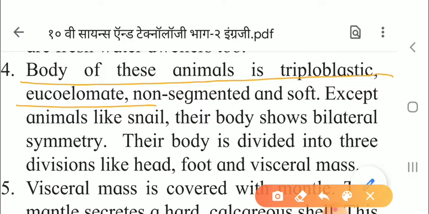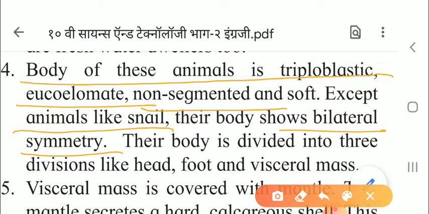Eucoelomate means true cavity is present. Triploblastic means made up of 3 layers: ectoderm, mesoderm, endoderm. Body is non-segmented, that means no segments are there, as well as it is soft, except animals like the snail. Their body shows bilateral symmetry like us.